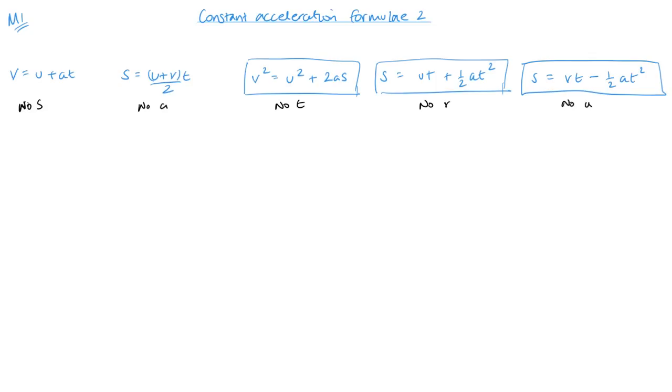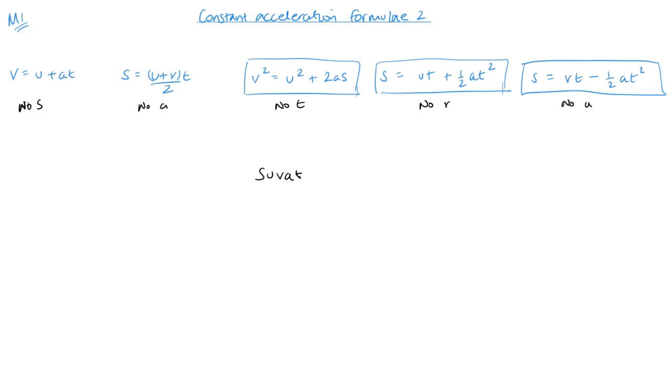I think it's just to be able to recall them. And like I said in the previous video, these are known as the SUVAT equations, obviously the letters that we use for constant acceleration.